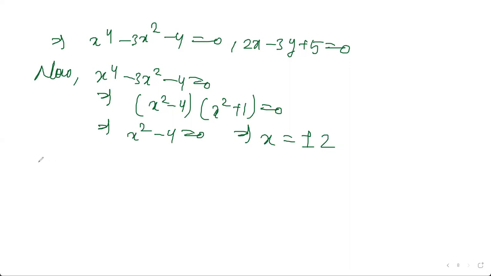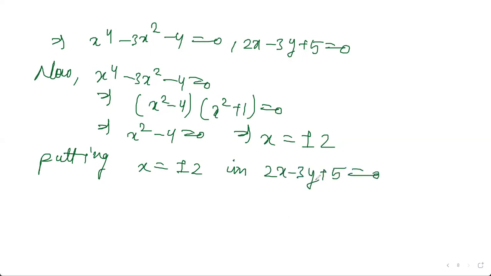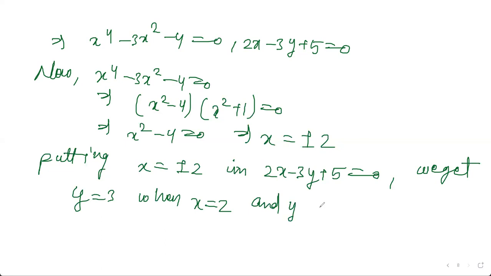Now putting x equal to plus minus 2 in 2x minus 3y plus 5 equal to 0, we get y equal to 3 when x equal to 2, and y equal to 1 by 3 when x equal to minus 2.